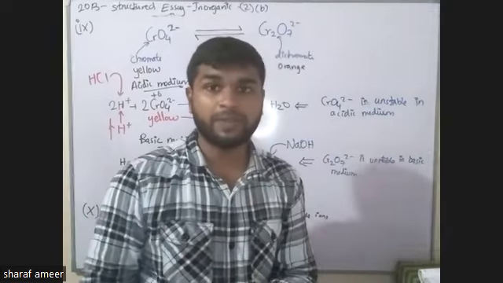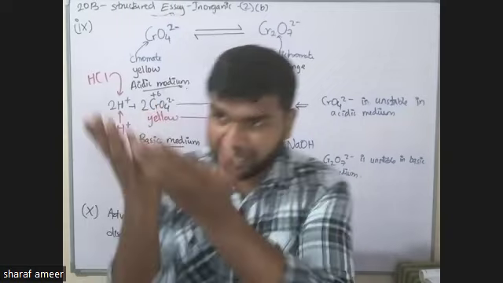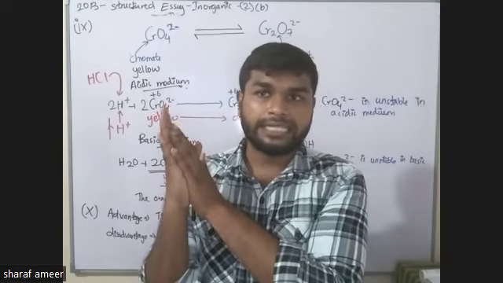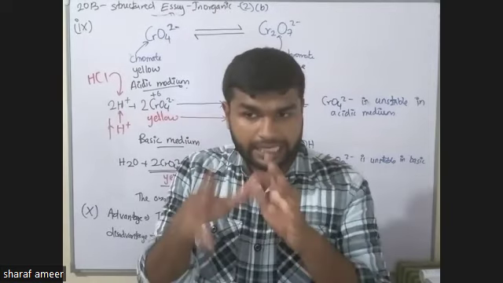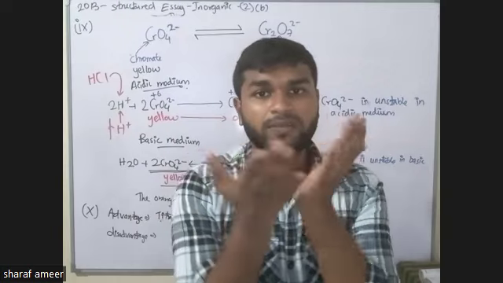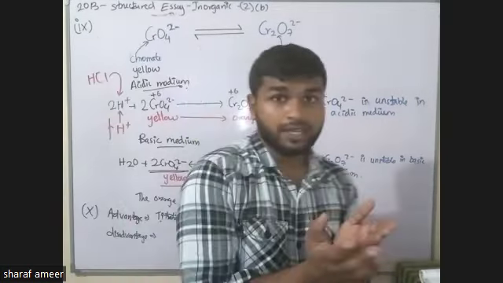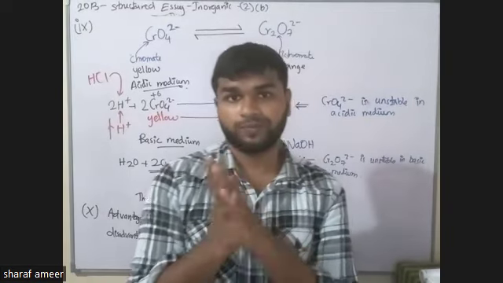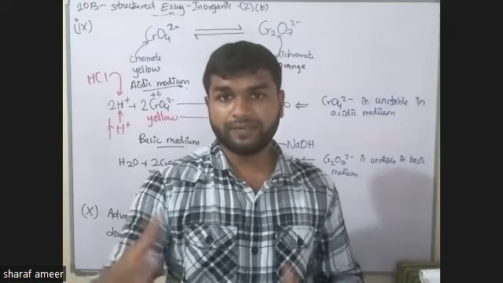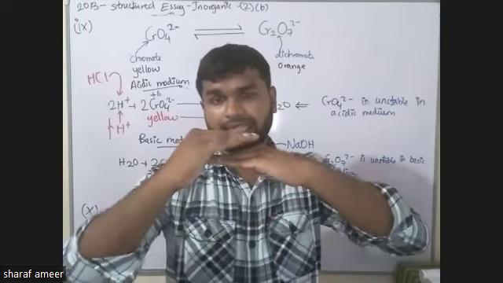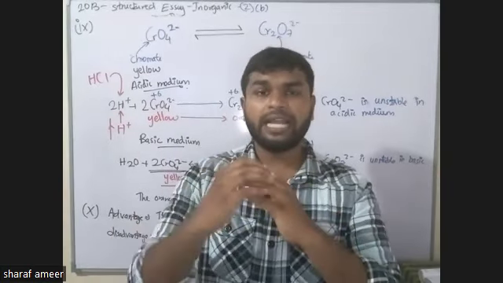As a result, the indicator change will be there, so you cannot use that as an indicator. It is not a suitable self-indicator. Since it doesn't work as an indicator, this is going to be a huge disadvantage. Even if you have the advantage here, there is going to be a disadvantage also. In chemical calculation questions, we consider only the indicators, for example phenolphthalein, methyl orange, bromothymol blue, methyl red.